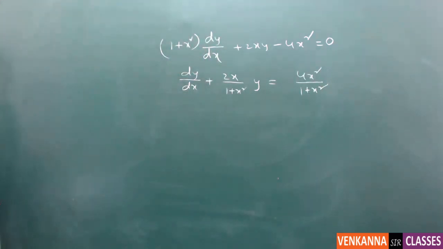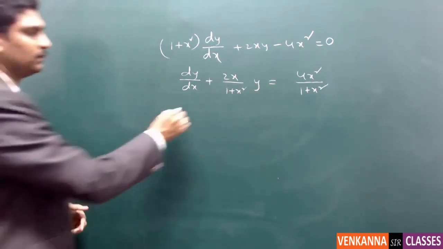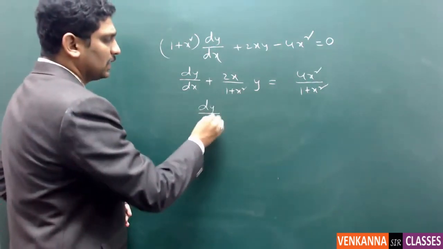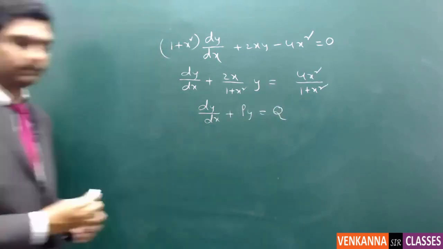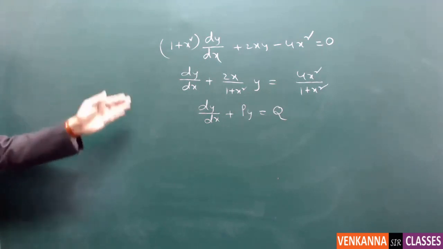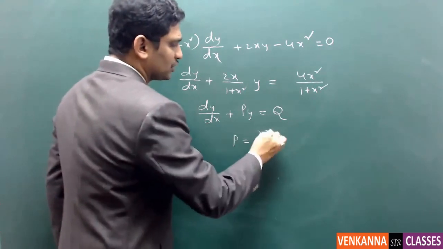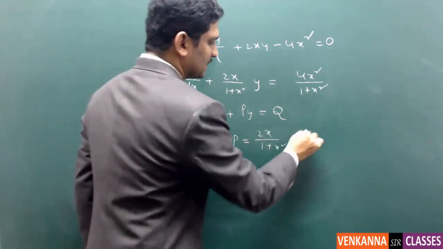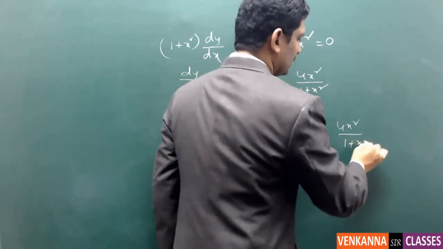So please understand one thing: the given equation is converted into the form dy by dx plus p into y equal to q. After converting into this form, you are going to do the respective procedure. So p equals 2x by (1 plus x square) and q equals 4x square by (1 plus x square).